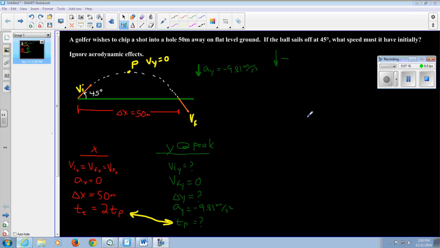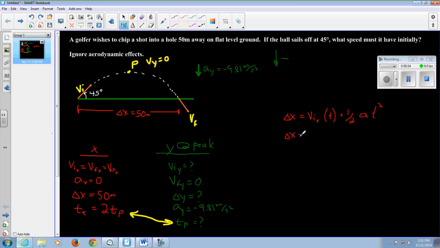So if I go about solving something in the x direction, if I look at my displacement in the x direction and I try to have a displacement equation, specifically because I have displacement, I'd say, okay, displacement in the x direction is equal to initial velocity in the x direction times some amount of time plus 1/2 a t squared.